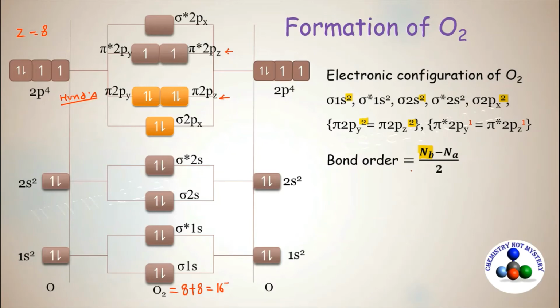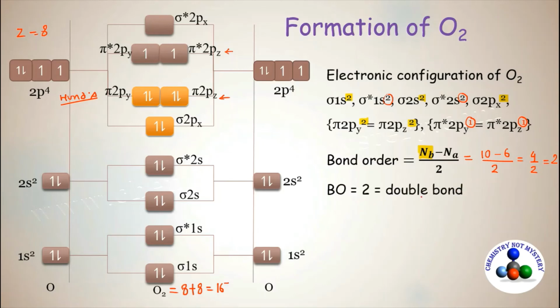So how many electrons in bonding molecular orbitals? 2 plus 2 is 4, plus 2 is 6, plus 2 is 8, plus 2 is 10 electrons. And 2 plus 2 is 4, plus 1 is 5, plus 1 is 6 electrons in antibonding molecular orbitals, divided by 2. So you will get 4 by 2. That means the bond order you will get is 2.